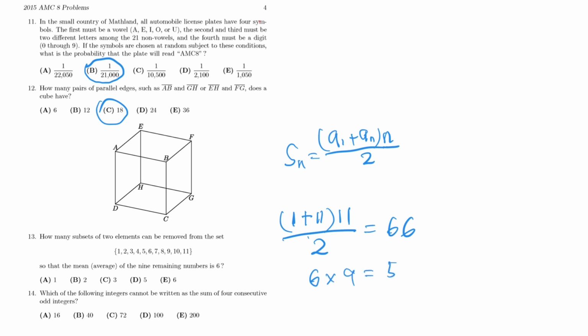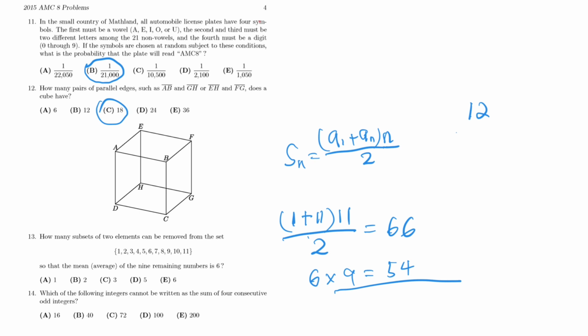That's 54. The difference between the original set and the remaining set is 12. So we can only remove 2 numbers whose sum is 12.